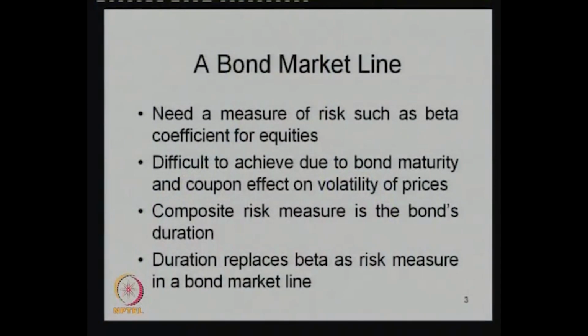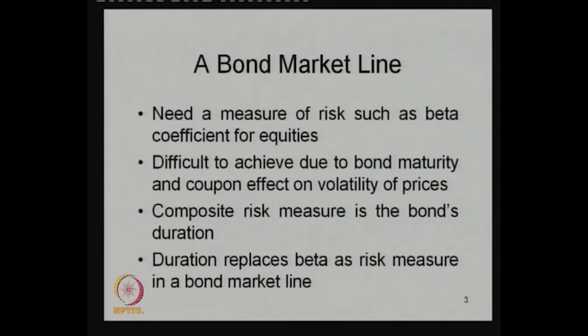So the first question that always arises in the mind of the investor or the fund manager is how the bond portfolio risk measure can be measured, by which we can make an analysis of the trade off between risk and return. But one difficulty we always face is that finding a better risk measure for a bond portfolio is a little bit difficult.